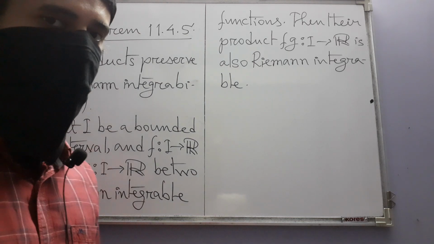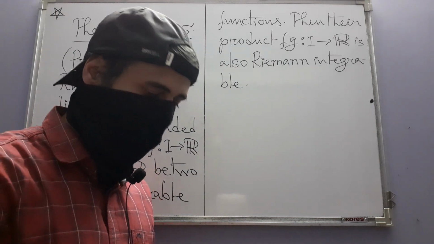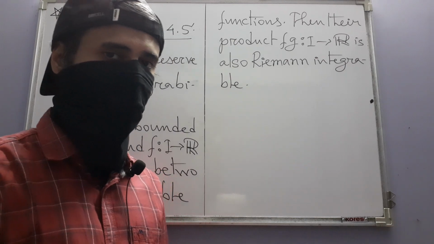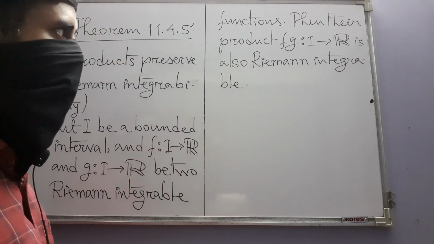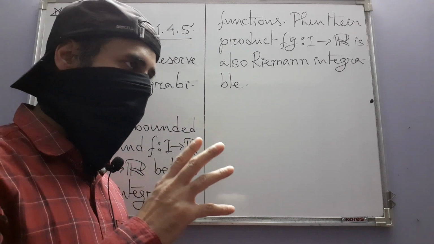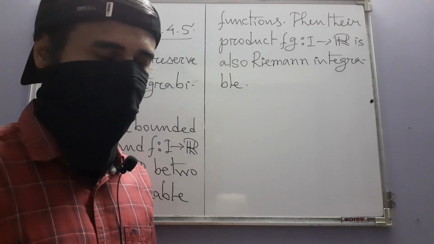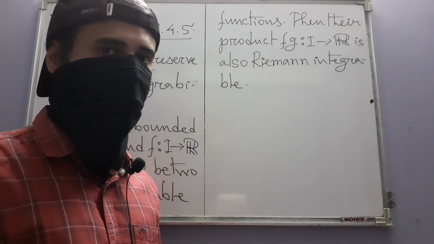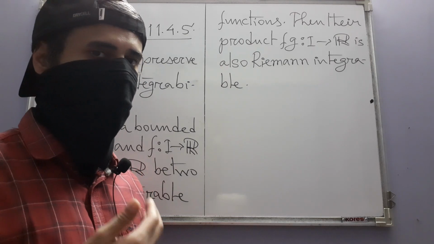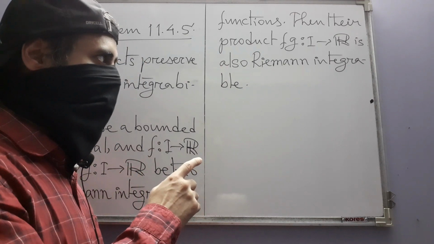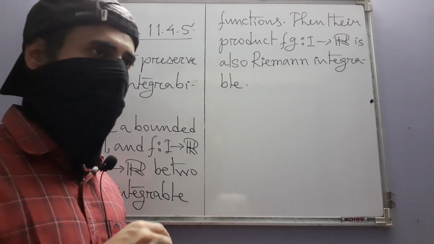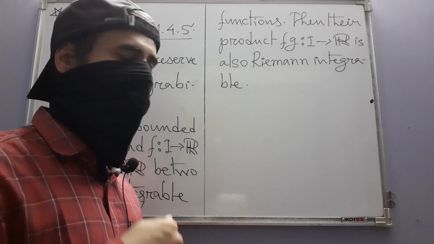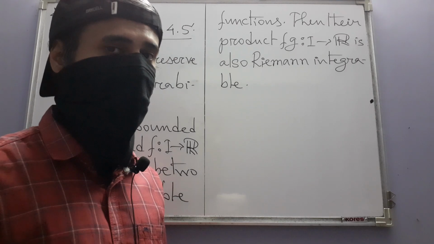Next we are going to see the proof, but this proof, like that maximum-minimum of two integrable functions, is going to remain incomplete. There it was incomplete because we did not exactly say how the minimum of two integrable functions is integrable. Here also there will be some gap, and these gaps will be filled in when we solve the exercises.